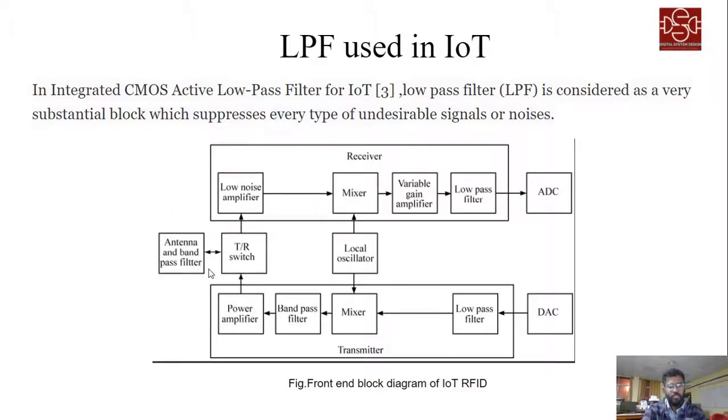This is a block diagram with the antenna, the band pass filter and the low noise amplifier. This is the receiver part and this is the transmitter part, and this is the connection. The paper explains this, and I have put the paper's name in the reference. It uses the low pass filter beautifully in the IoT application.